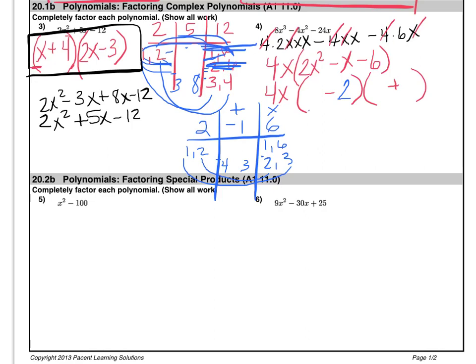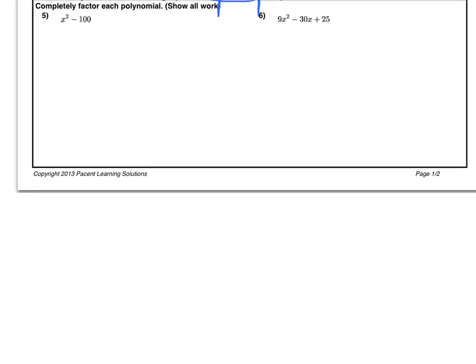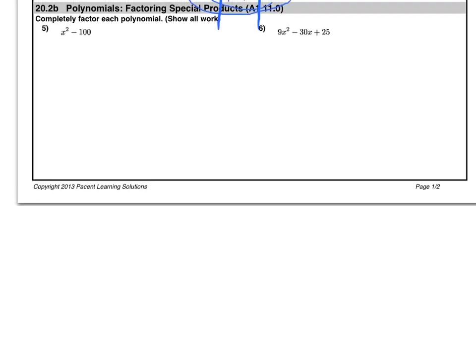Well, he's never going to combine with the front term here. He's going to combine with the front term of this binomial. So we put the 2x there, which leaves the 1x in this place, and it leaves the 3 here. And then, of course, this is our final answer, so we box it, but I would highly encourage you to check it and make sure that it works. I'm going to slide my paper up so we can see the last couple problems.